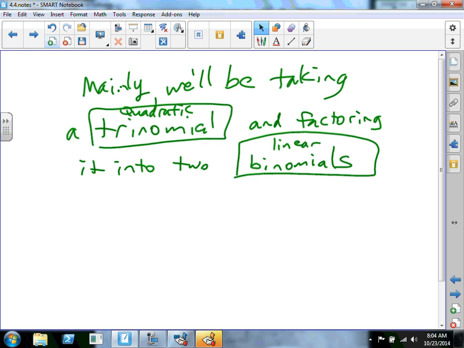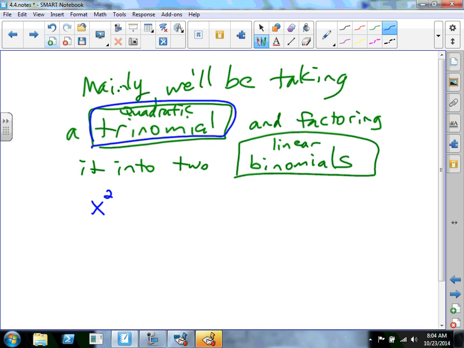So I'll just run through a quick example of what that's going to look like so you have a clue as to what I'm talking about. A quadratic trinomial might be x squared minus 17x plus 72. Something like that. Now let's think back a second ago to 86. We said that 86 is really 2 times 43.